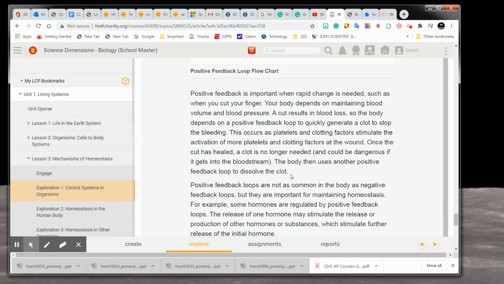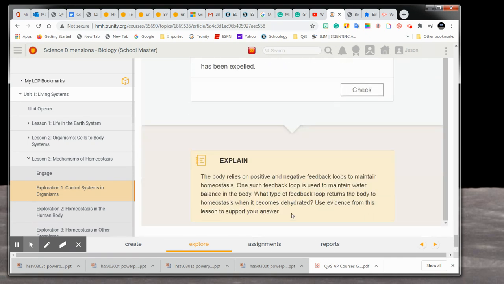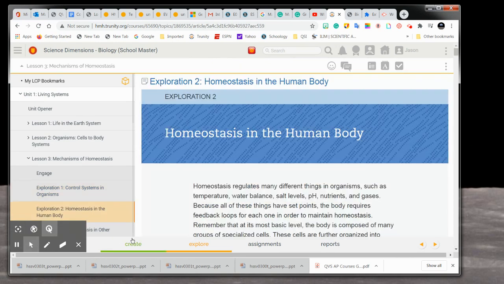So positive feedback loops are not as common, like I said, but they're still as important. Okay, let's go down to the next part. We're ready for exploration 2, and if you're in your textbook, it starts on page 37.